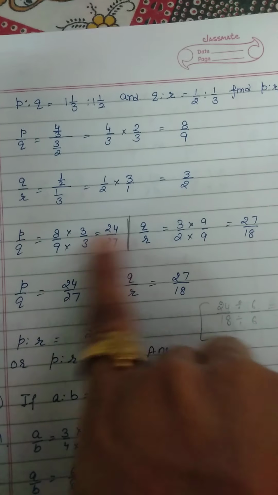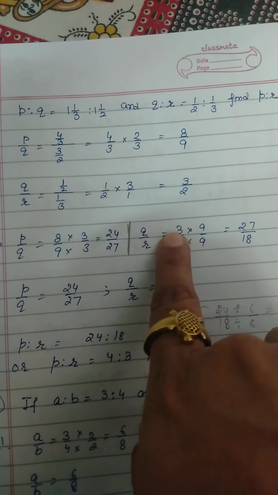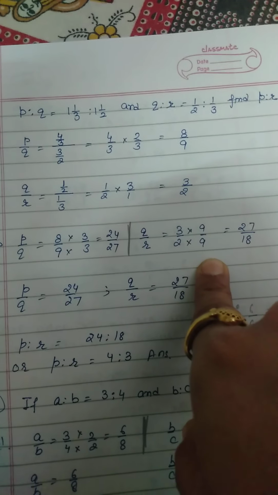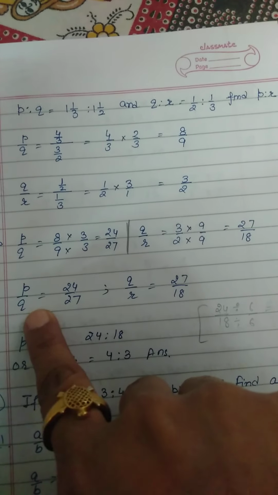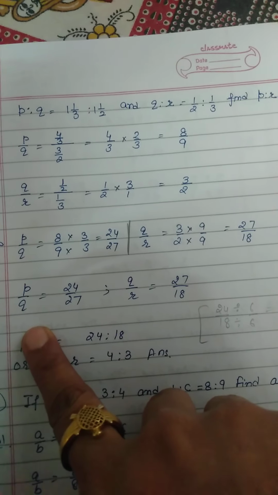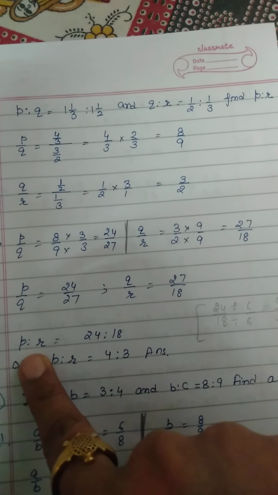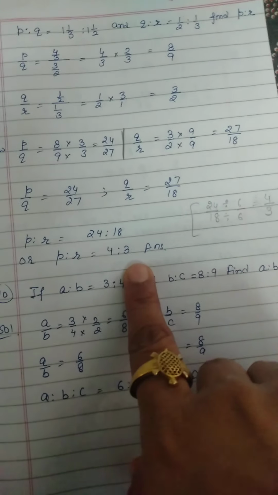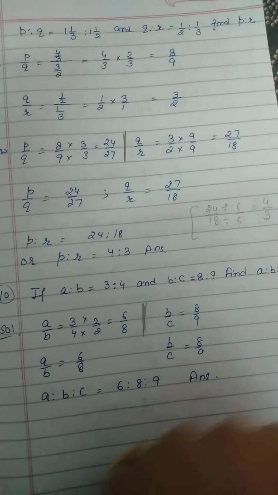Q is common in both. So here Q is 3, here Q is 9. So multiply 3 by 3, multiply 9 by 9. We get the value of Q the same in both situations. Now we need P and R, so 24 and 18. But it also can be simplified by dividing by 6. So we get 4 ratio 3.